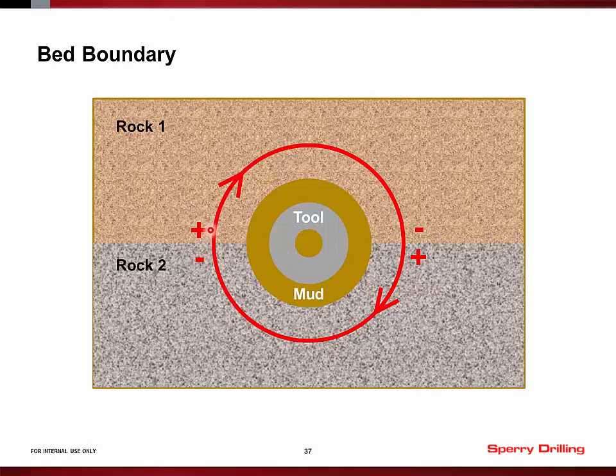It's almost like the signal gets boosted by the additional mini transmitters which are generated at these boundaries. And that means that the received signal at the tool can become distorted. We'll have some examples of what that looks like coming up later on.